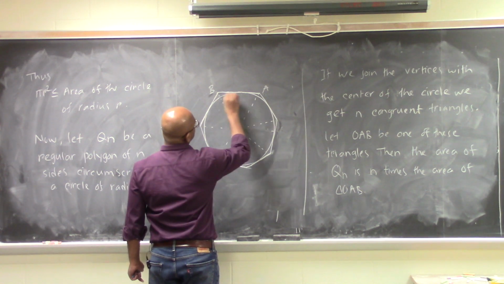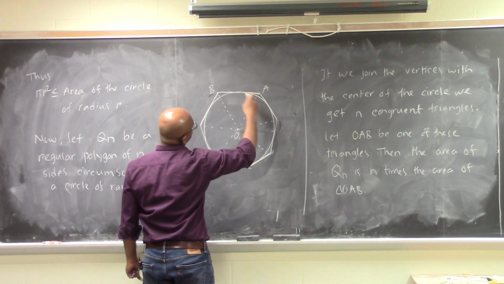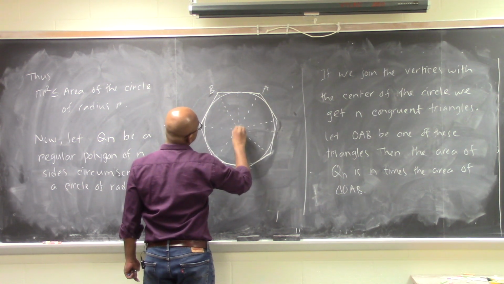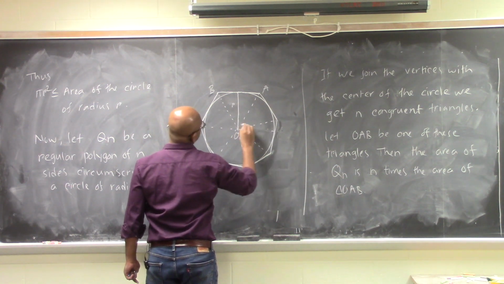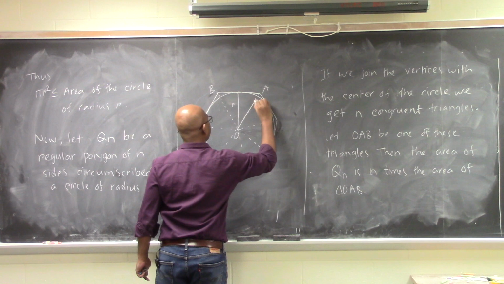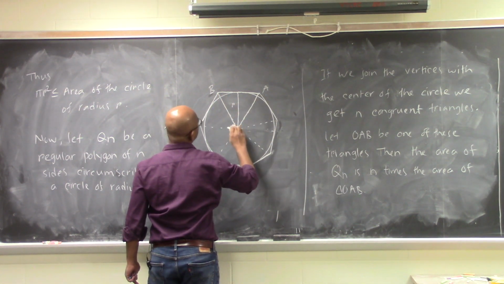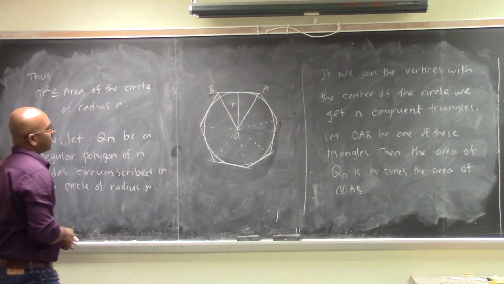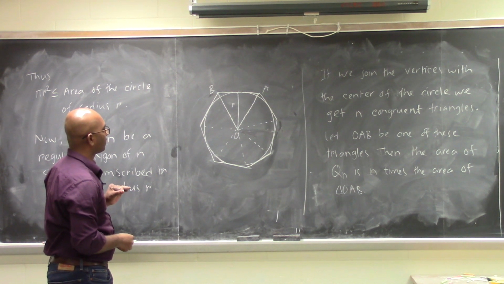Notice this, at this point, this polygon is tangent to this circle. So this radius is actually r. Okay, let me draw this triangle very well. All right.